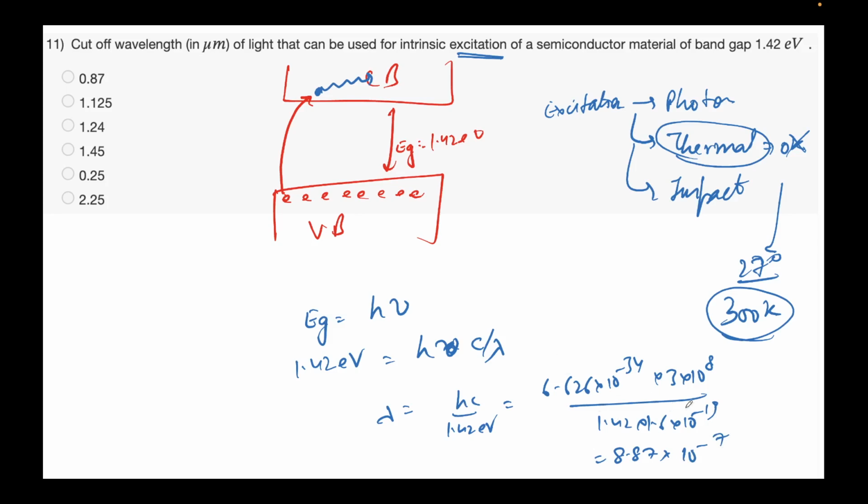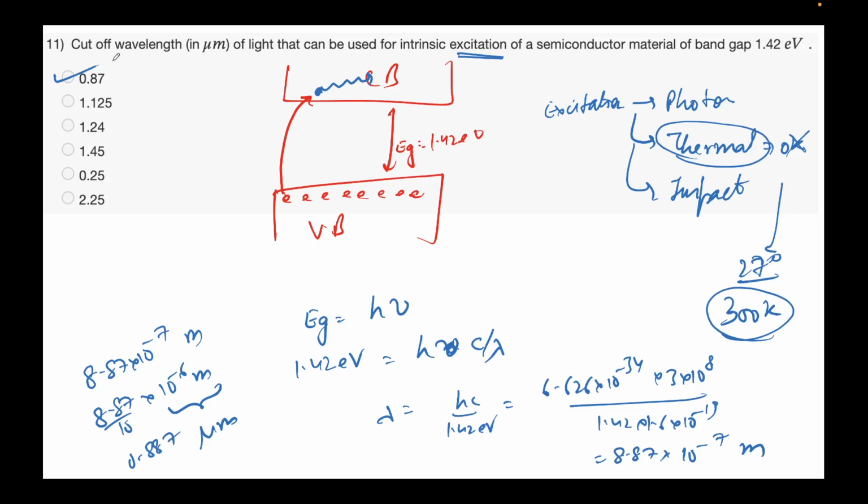We need it in microns, and this is in meters. So this will come out to be 8.87 times 10 to the power minus 7 meters. This means 8.87 divided by 10 times 10 to the power minus 6 meters, which is nothing but microns: 0.887. Is there an option? Yes, 0.87. That's the correct answer.